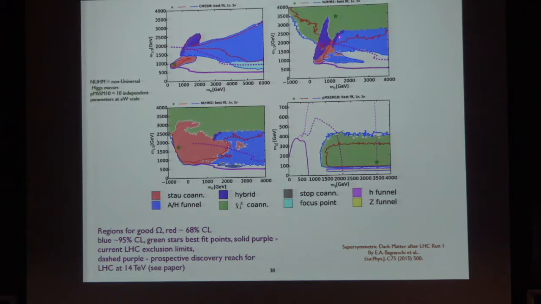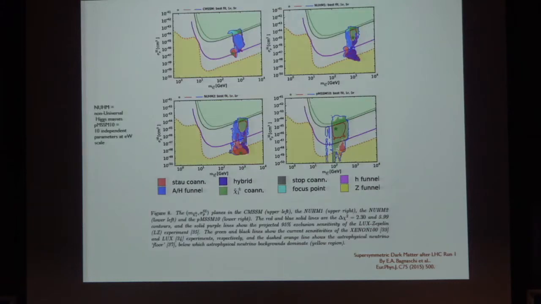If you change your model a bit, let's say the non-universal Higgs masses, 2 different versions, or you say, look, I just want a phenomenological model and see which parameters are correlated or not, and you turn on 10 of these parameters, that is the pMSSM10, then naturally the mass of your lightest supersymmetric particle moves a lot higher, out of the reach of the LHC and probably even of the next accelerators.